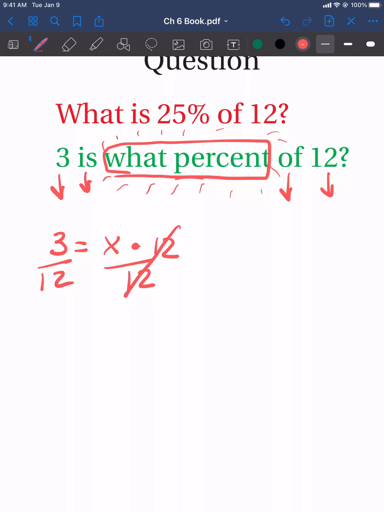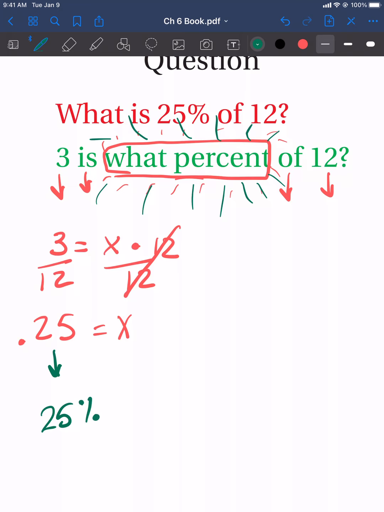These cancel out, which leaves me just with an x. Now if I take 3 and I divide it by 12, I get a decimal, 0.25. Is that my final answer? No, because what am I looking for? A percent. I'm looking for a percent. So what is 0.25 as a percent?